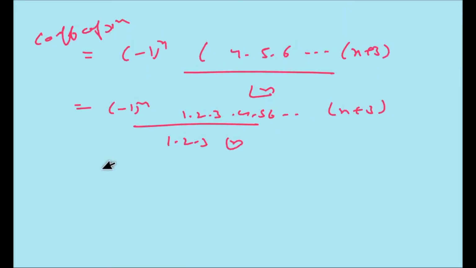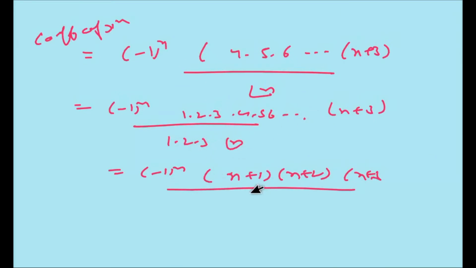Okay, now you can write the last term and you can find minus 1 to the power n, and that will be the term n plus 1, n plus 2, n plus 3. Factorial n will be cancelled and 1 2 3 will be left here. Now this way you can find the coefficient of x to the power n.